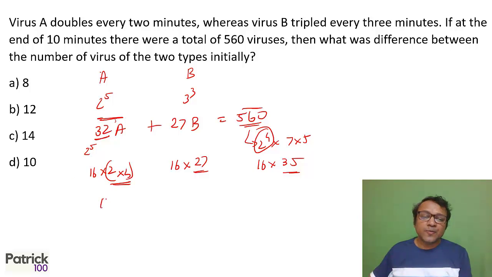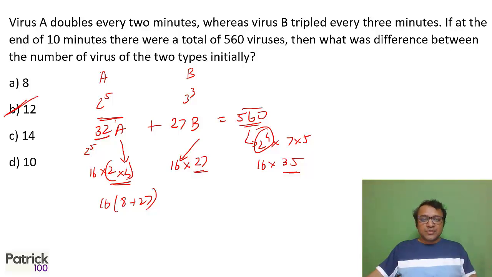If you take 16 common, you get 8 plus 27, which gives 35. So A is 4 and B is 16. Initially there are 4 viruses of A and 16 viruses of B, so the difference will be 16 minus 4, which is 12. Option B.